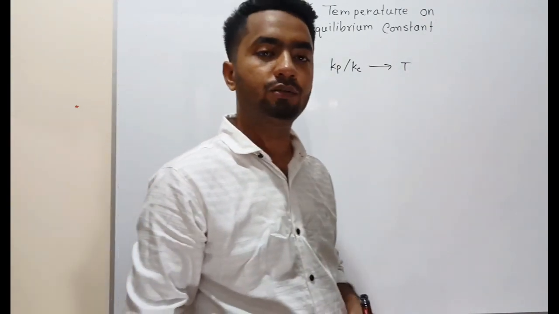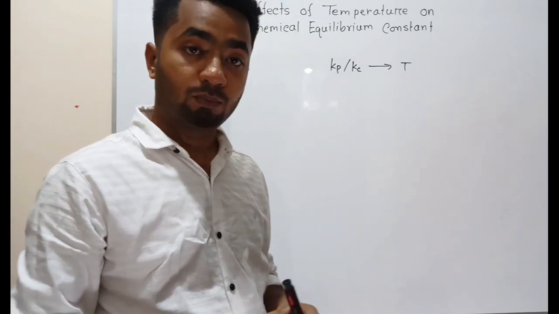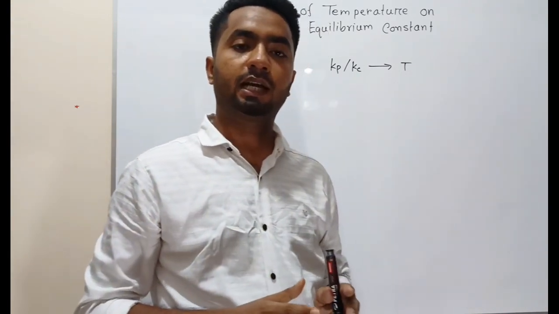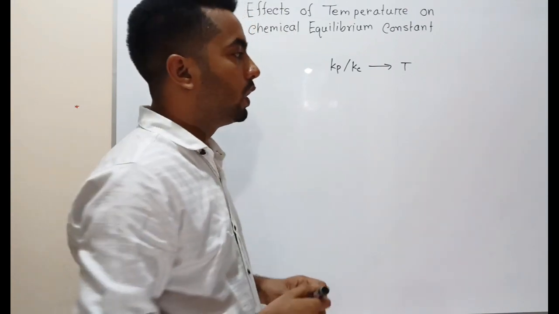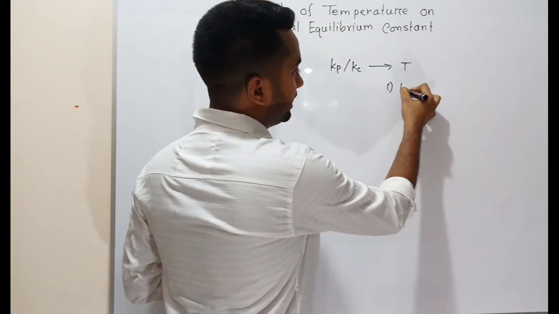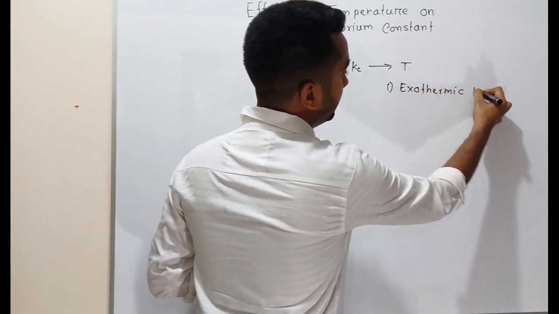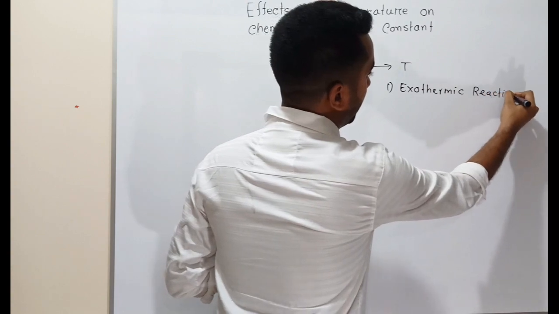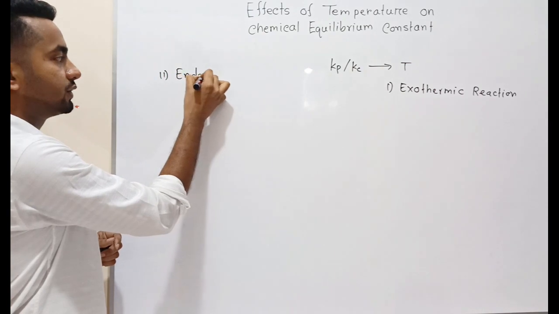Before going to that, let's focus on a different thing. In thermochemistry, a reaction can be divided into two categories. What are the two categories? One is called exothermic reaction, and the other one is called endothermic reaction.